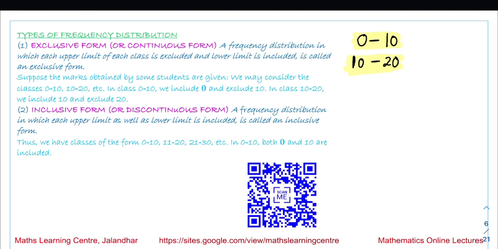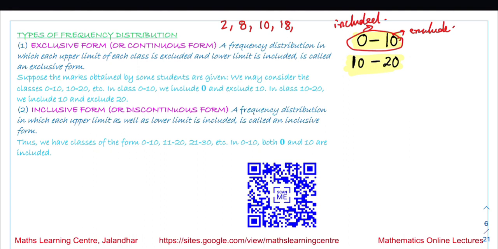Now what we are going to do over here is that 0 we include and 10 we exclude. When we are talking about this class, 0 is included and 10 is excluded. Suppose the marks we have are 2, 8, 10, 18. These are the marks of the students.